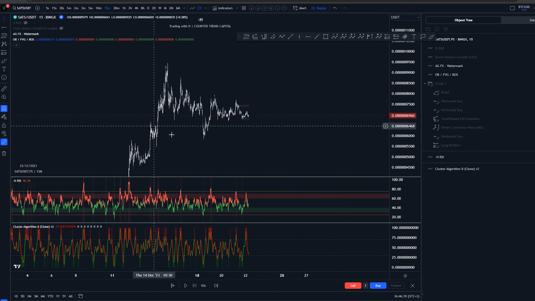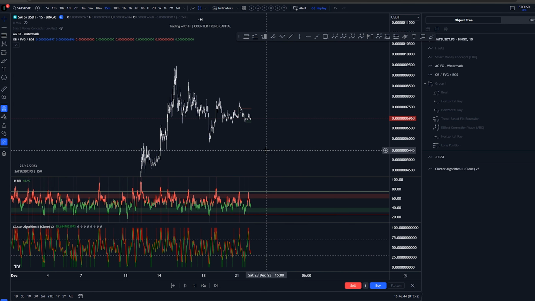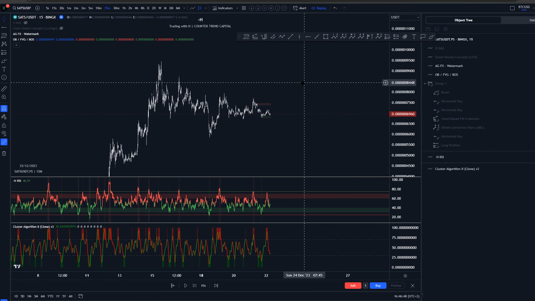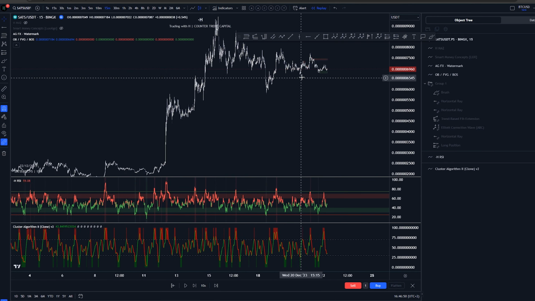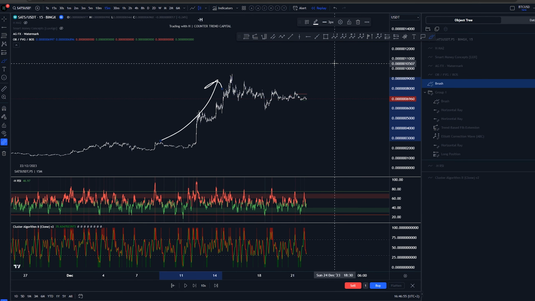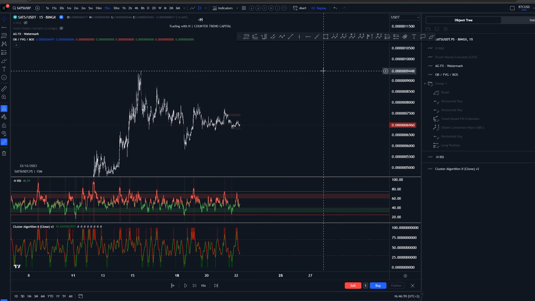SATS, I don't really know anything else about this, but it caught my eye. The setup was that we had a major move to the upside, looking for a continuation to the upside. That's basically the higher time frame analysis.